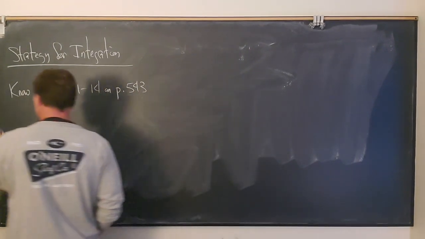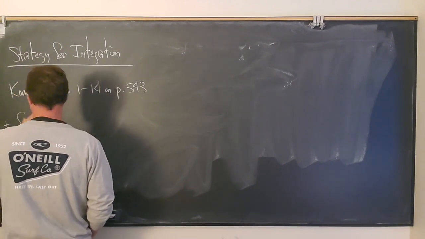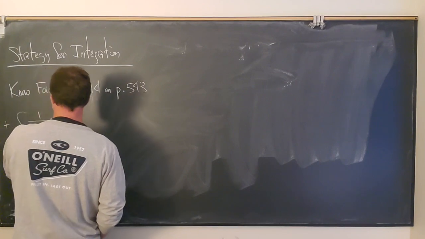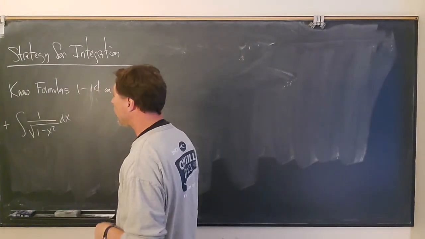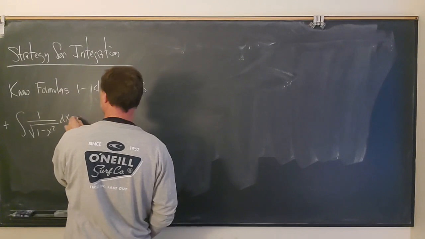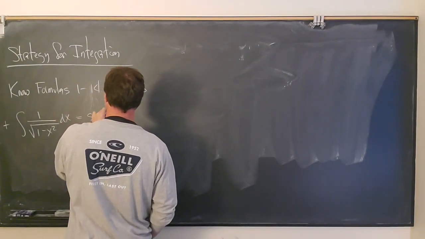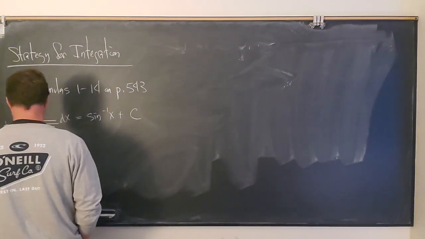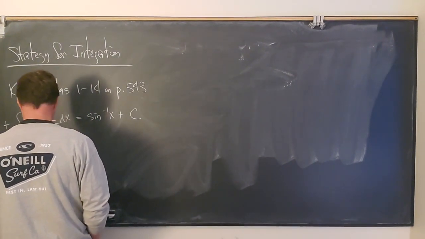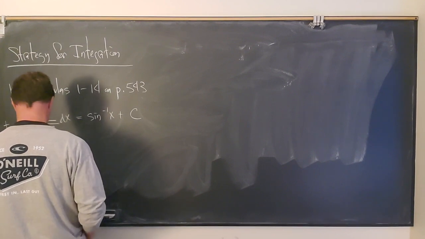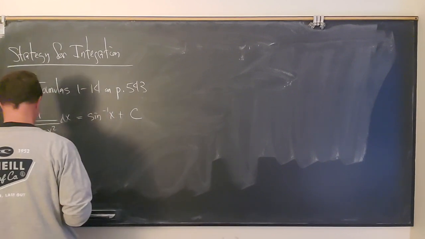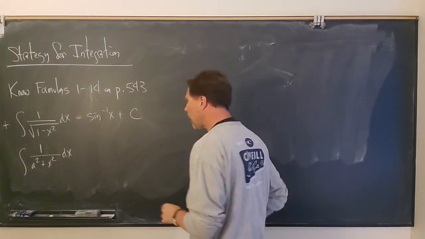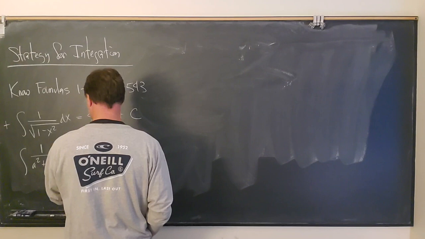And let me give you the ones that I want you to know that are connected to the inverse trig functions, right? Integral of 1 over square root of 1 minus x squared, that's going to be inverse sine x plus c. You need this one, and I prefer to state this one in the more general format: 1 over a squared plus x squared dx. And that one involves inverse tangent.